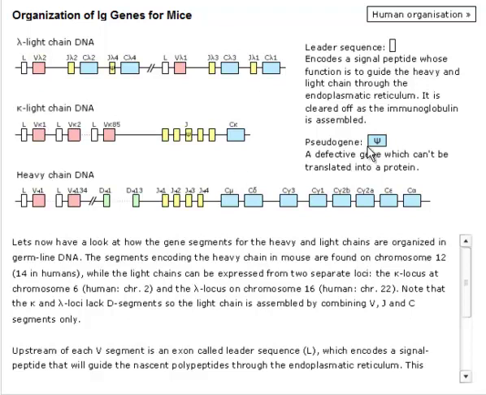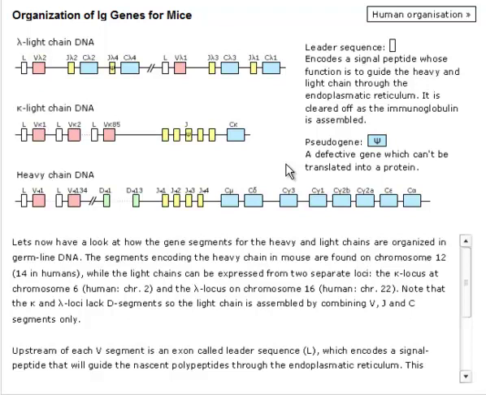You'll also see some segments that have this psi Greek symbol in them, and what this means is that these are actually pseudogenes. You can see one here in the J region, and one up here in the J region as well. What this means is that these have evolved over time but are no longer functional.